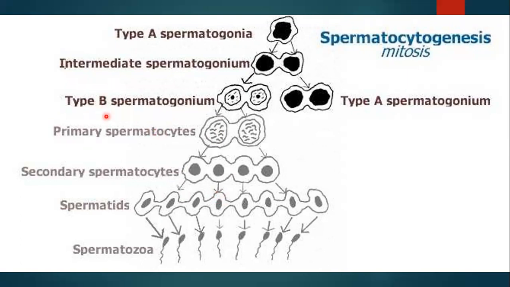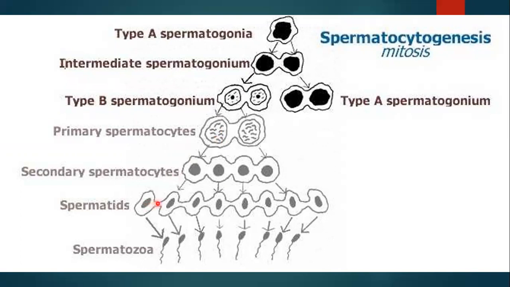Type B spermatogonium leads to the formation of primary spermatocytes through mitosis. Then meiosis 1 occurs in primary spermatocytes, leading to formation of the secondary spermatocytes, and then meiosis 2 occurs in the secondary spermatocytes and forms the spermatids, right? Spermatids are cells with a haploid number of chromosomes as compared to the primary spermatocytes, right?